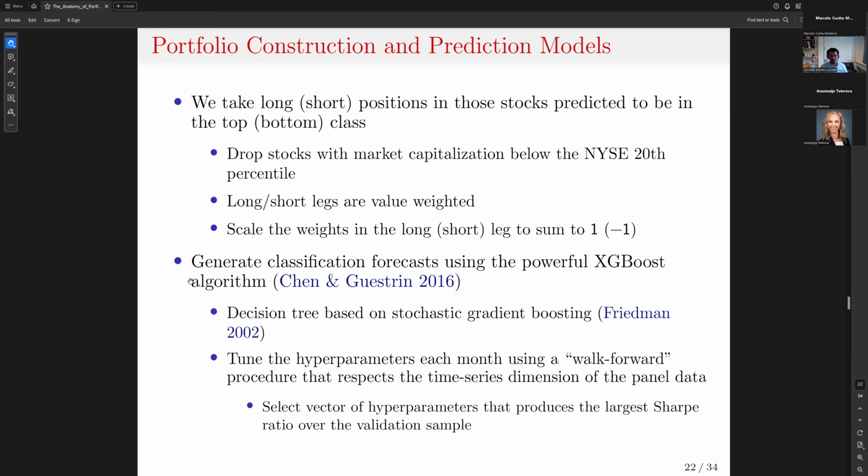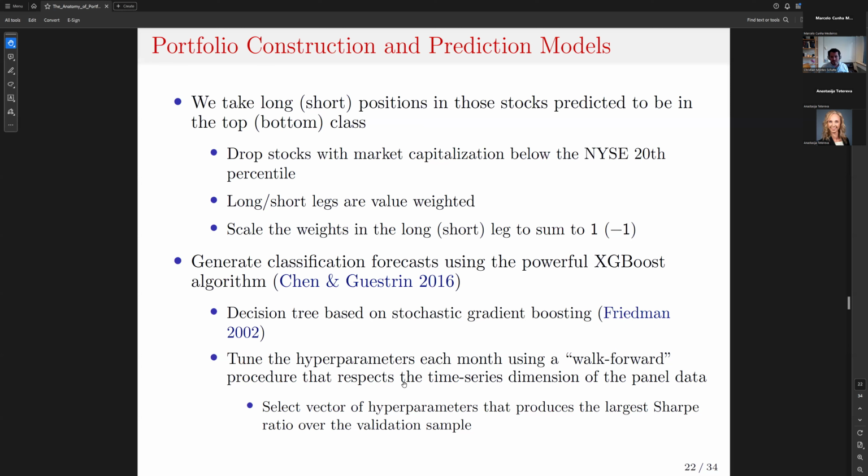We use XGBoost as mentioned. And importantly, another thing that I think is new to the literature, but that works pretty well, is that we tune the hyperparameters each month using a walk-forward procedure that respects the time series dimension of the data.